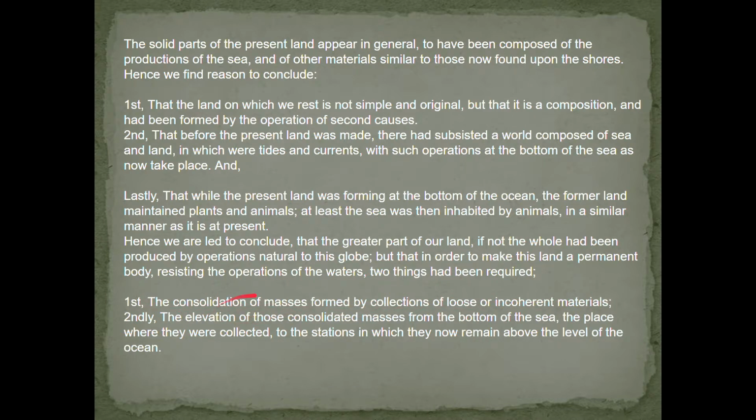The consolidation, the clastic material, the detrital material, the sediment collected together. And secondly, the elevation of those consolidated masses, the sedimentary rocks, from the bottom of the sea, the place where they were collected, to the stations in which they now remain above the level of the ocean. These were sedimentary rocks, and now they got lifted up somehow, or maybe the sea level went down.